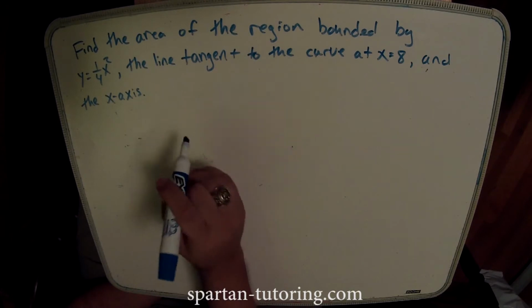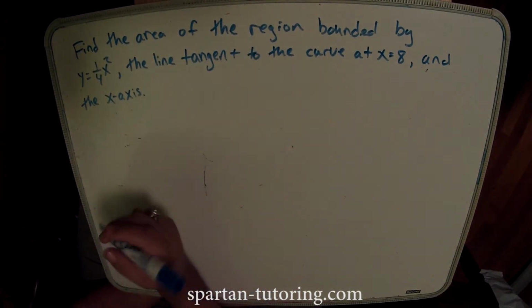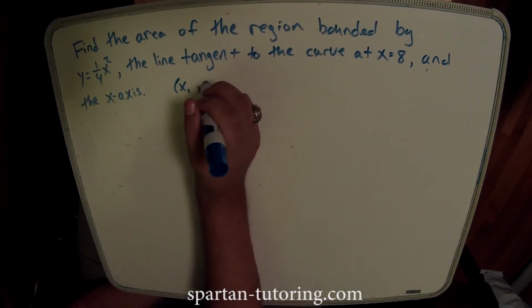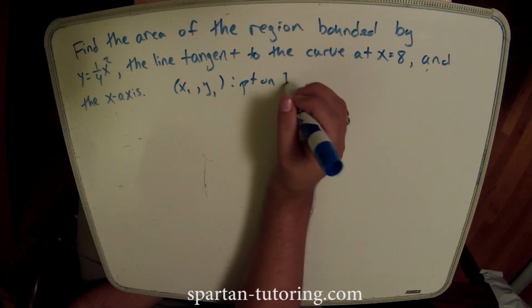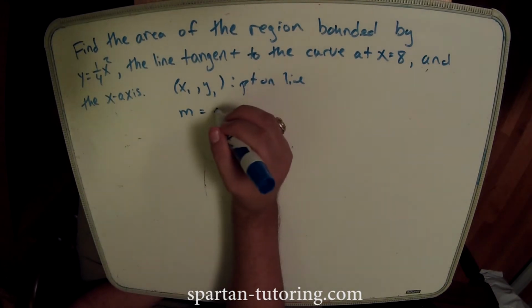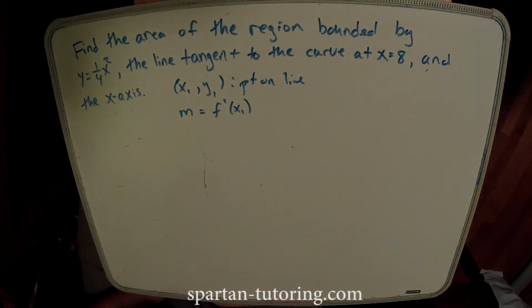Okay, in order to find the tangent line to a curve at a certain point, remember you needed to find two things. You needed to find an x1, y1, which is a point on the line, and a slope, which you're going to find by plugging x1 into the derivative.